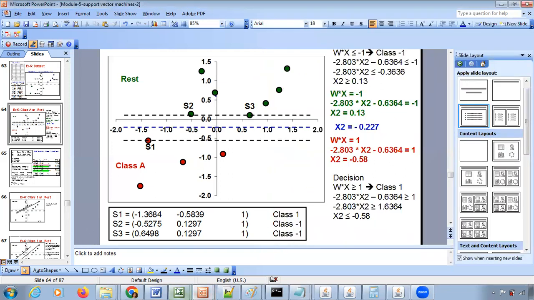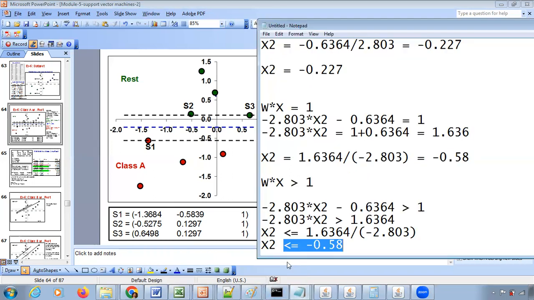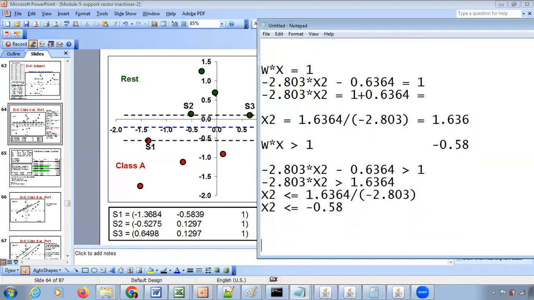Now for the negative class, -1, it will be w times x equals -1. We can right away go to this. For this side, it's going to be wx less than or equal to -1, like we had here. Wx greater than or equal to 1. We can say this will be less than if you do that.